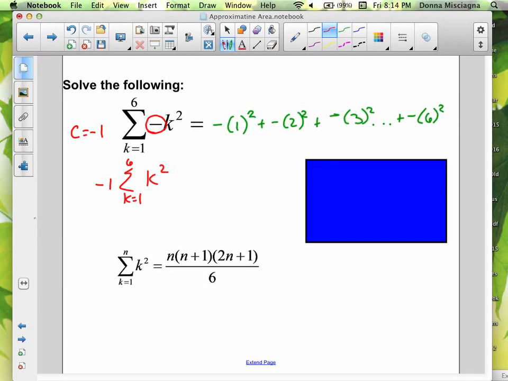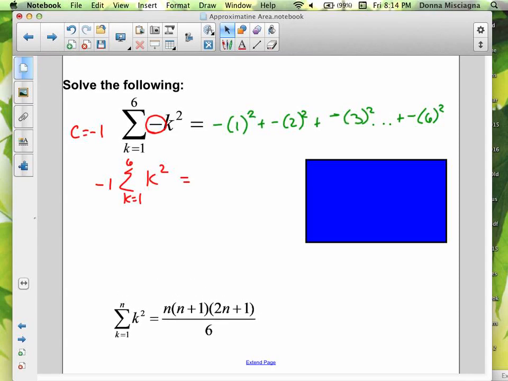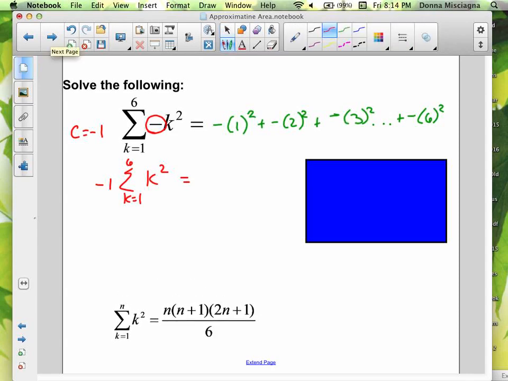So it would be, I need some space here, right below it. The big box there, by the way, has the answer. Negative 1, and then the rest of this would be, n was 6 here. So we have 6 times 6 plus 1 times 2 times 6 plus 1. Missing a parenthesis there. And then all divided by 6.